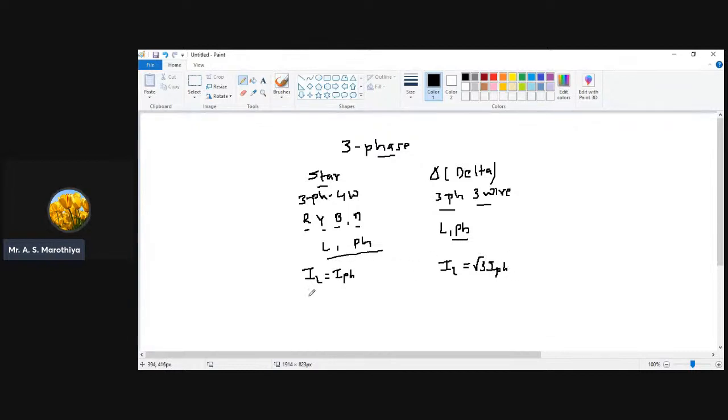In case of star, line voltage is root 3 times the phase voltage, whereas in case of delta, line voltage and phase voltage are the same. So these are the fundamental aspects that we discussed in the last lecture.